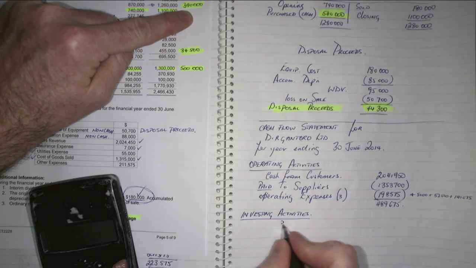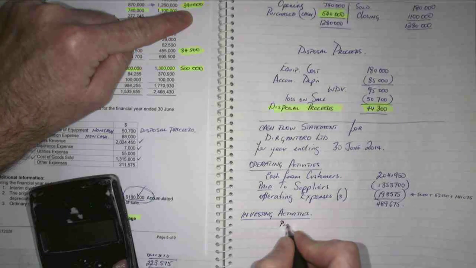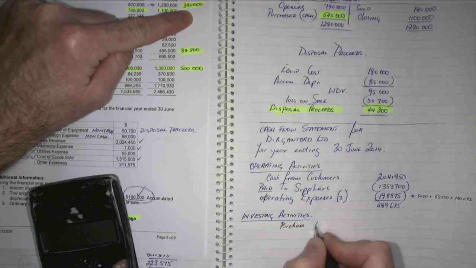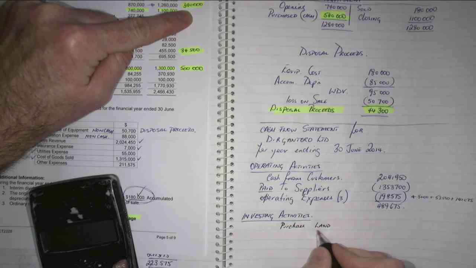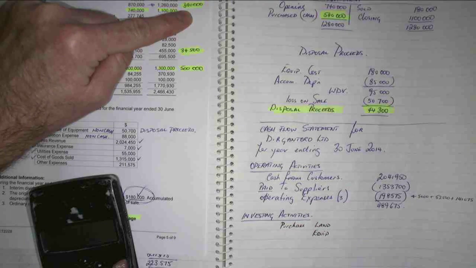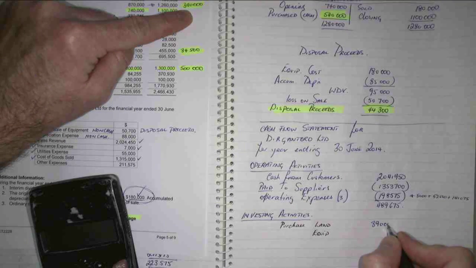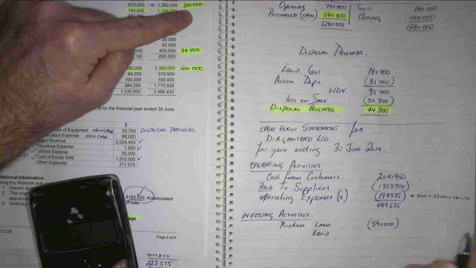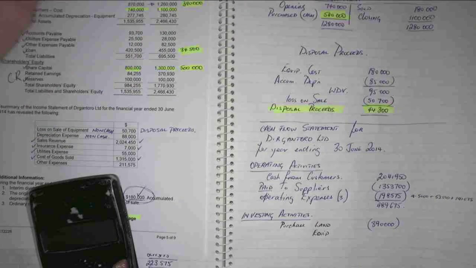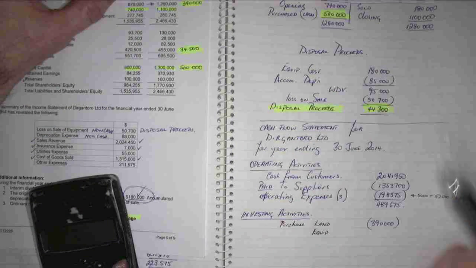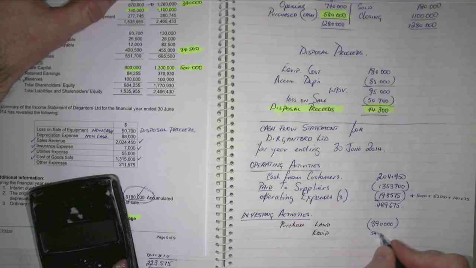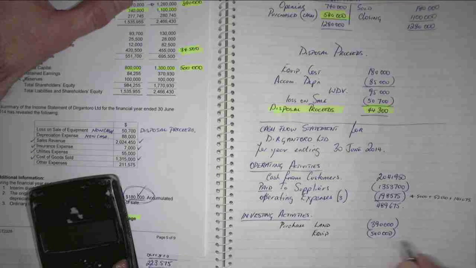So purchase of land, 390. Let's write it in the right way. Now it's a purchase, it's an outflow. My equipment was 540. And that's an outflow as well.